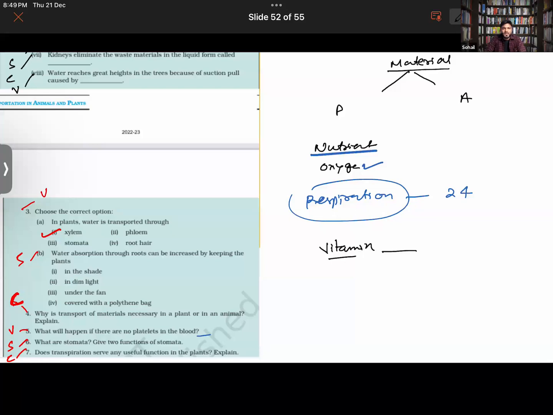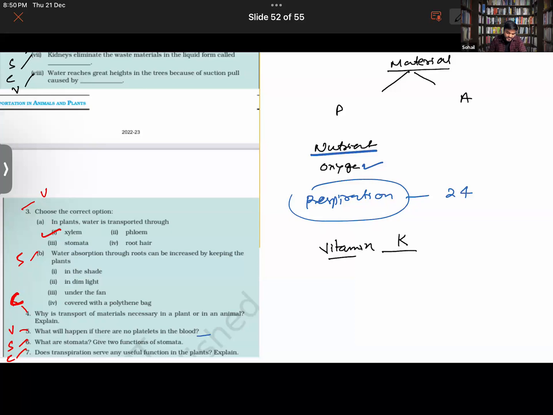Okay, no issue. Vitamin K. So vitamin K helps in blood clotting. So that should also be remembered.